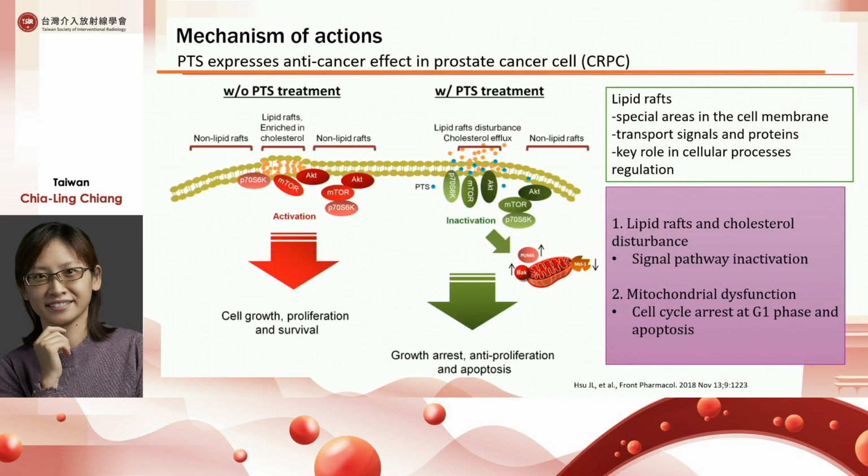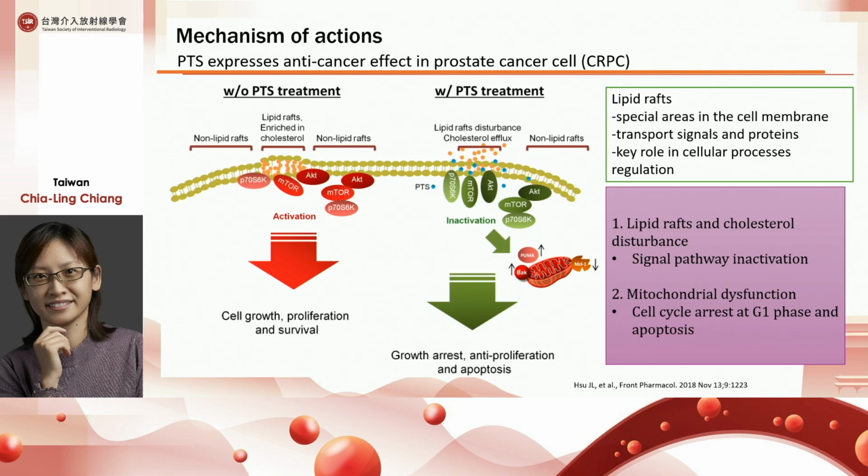Another mechanism is about the cell membrane. We know that lipid rafts are special areas in the cell membrane, which regulate important signal pathways to transport signals and proteins that have many key roles in cellular process regulation. PTS shows some functions to cause lipid raft and cholesterol disturbance and make the signal pathway inactivated.